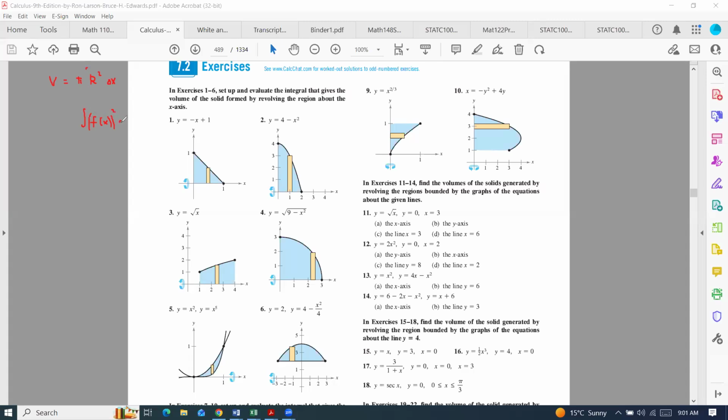And of course, delta x always turns into dx when you take the limit, and pi you can take outside of the integral. So it is the same thing, and we have the variable ready, and that's why it's dx, because we take a limit, so it's very, very small.